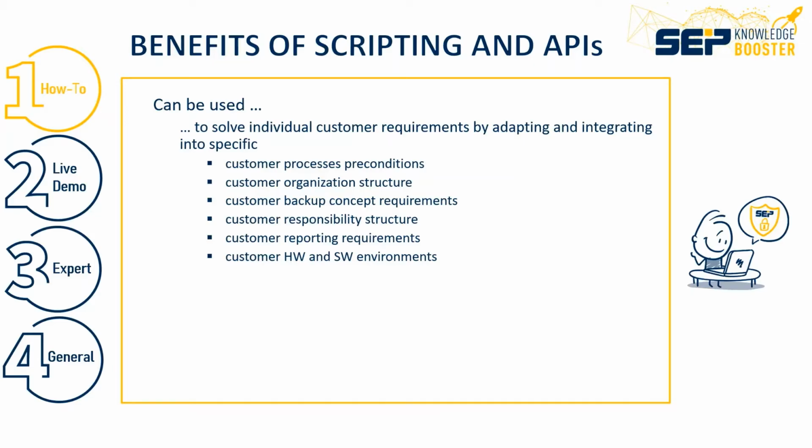In fact, they are all different and have their own requirements regarding processes, organization structure, backup concepts, responsibility structure, reporting, hardware, software environments, and all these kinds of differentiators between these environments.